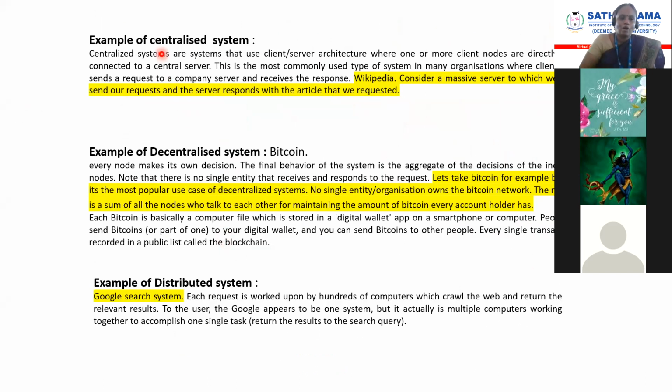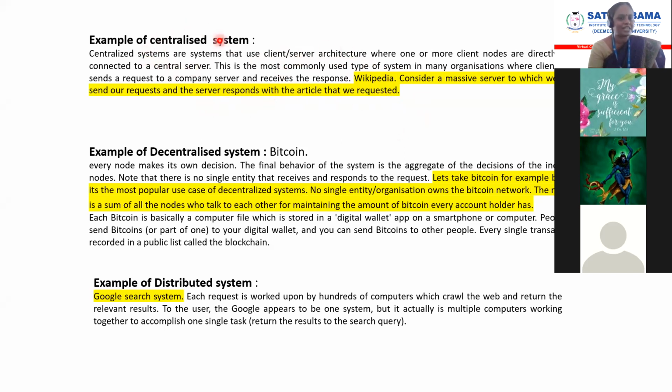They are asking for examples of centralized, decentralized, and distributed systems. For centralized, the best example is Wikipedia. When I search on Wikipedia, it uses a client and server architecture, and everything is stored in that particular company only. It is a massive server. If I give the request, the server responds and the particular article is displayed.